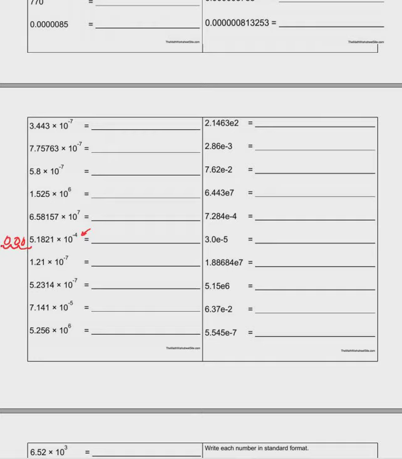There's a tiny little decimal point here. So it's going to be 0.0001821. We've moved the decimal point over so we don't write it again.